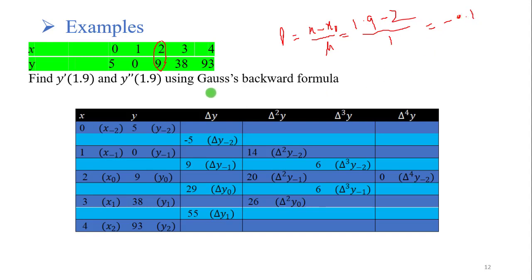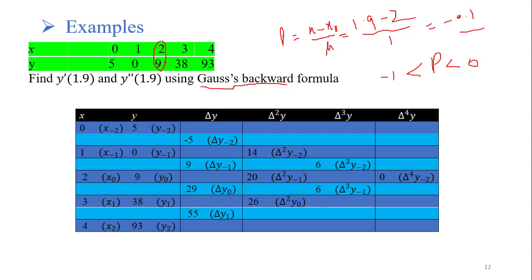So the Gauss's backward approximation fulfills its condition that p should be greater than minus 1 and less than 0. So here it is good to use Gauss's backward formula.